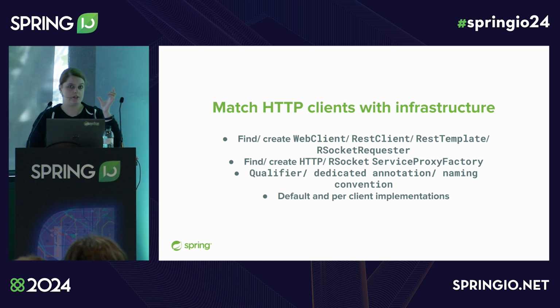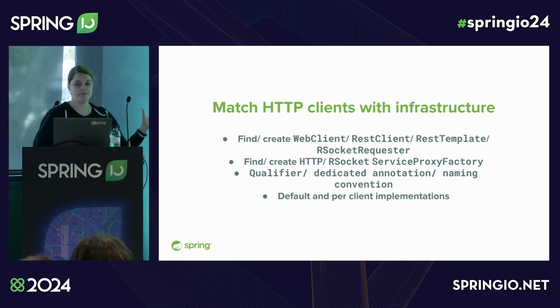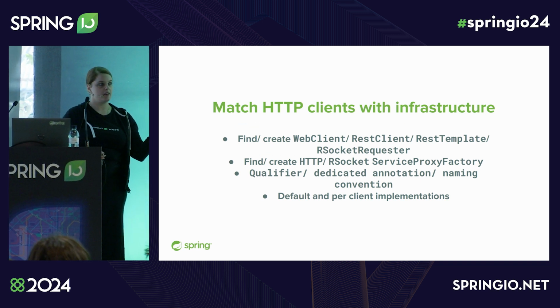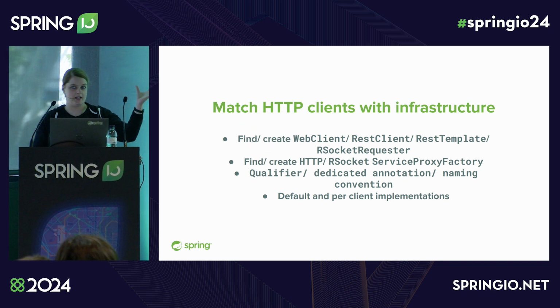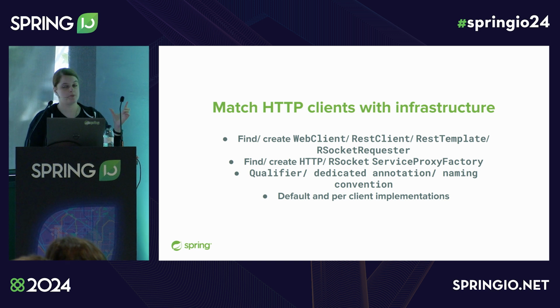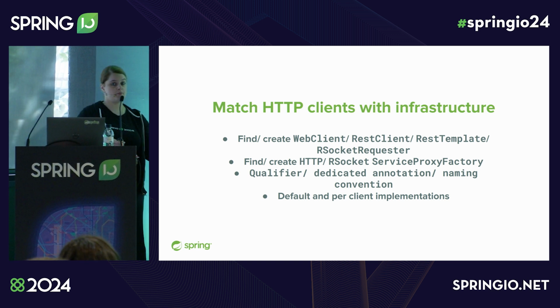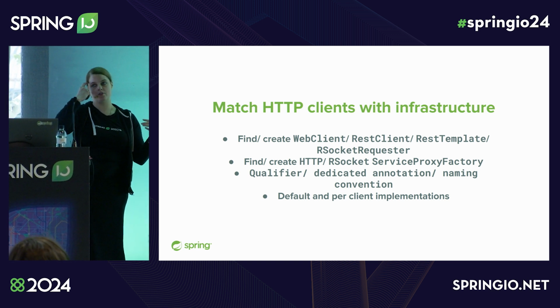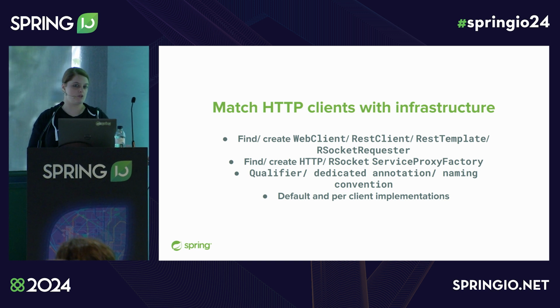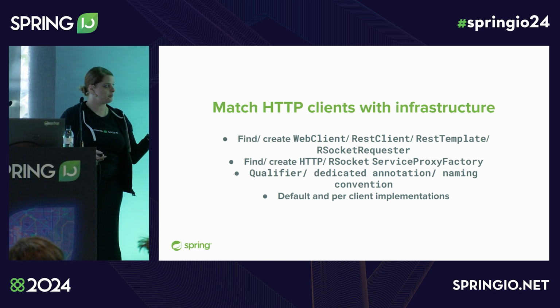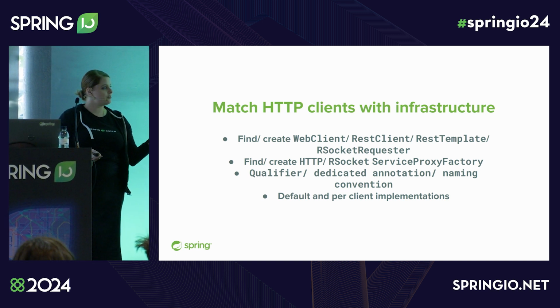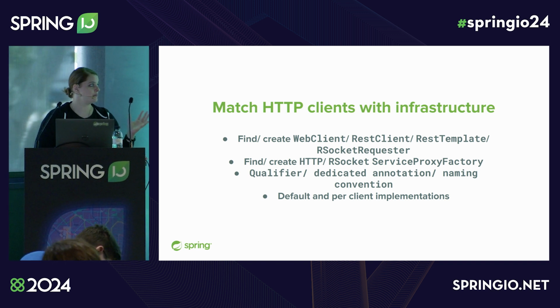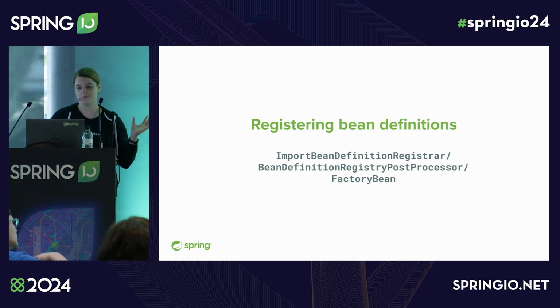Should we handle only one per client, or should there be a default that we can fall back to? And also, once we have the client, we could just create the service proxy factory alone. But service proxy factory also has some possible configuration. So maybe we should also allow the user to create this one. So as you see, a lot of things to think about and consider.